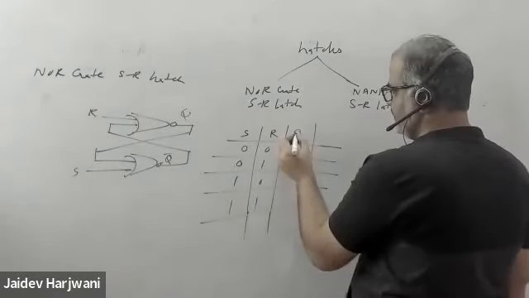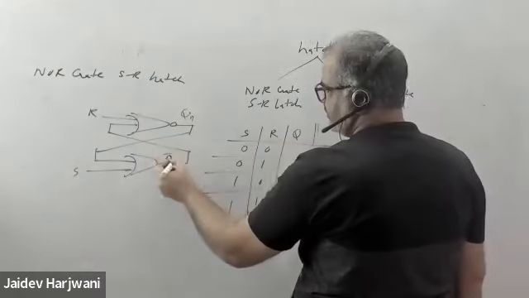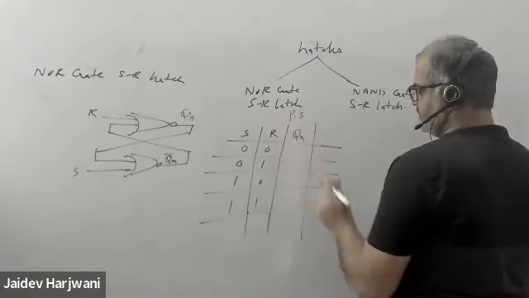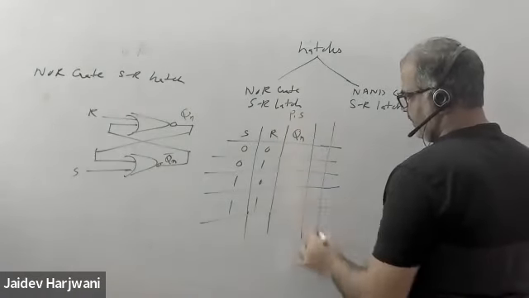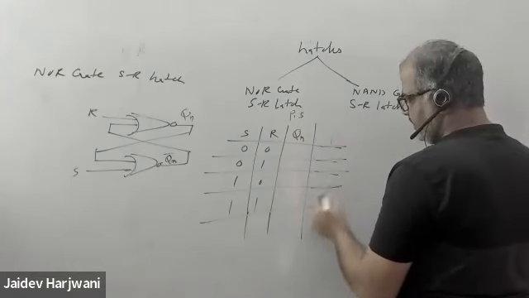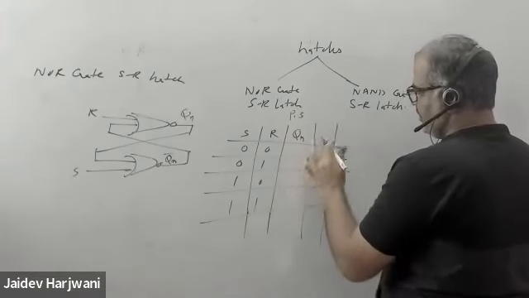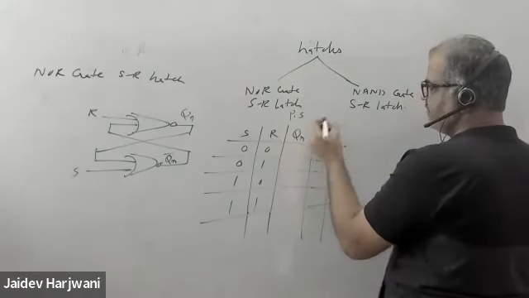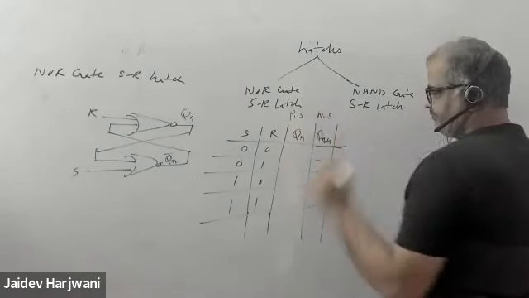I'm writing the output as Qn. So this is my present state. Once I apply the inputs, what will be my next state? Qn plus 1, that is called my next state.